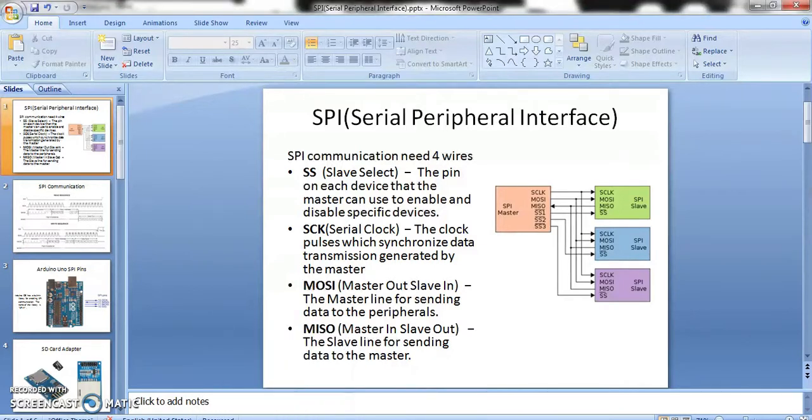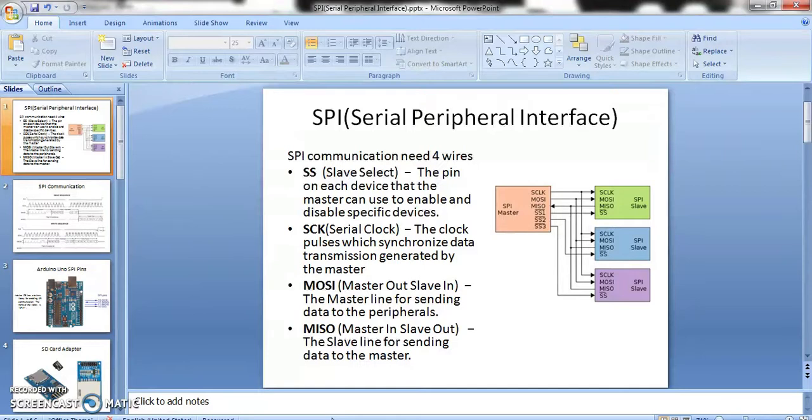As I said, in the SPI communication system, there is a master device. This master device can be your Arduino or any other microcontroller. And the slave can be your sensors, like a temperature sensor, humidity sensor and other sensors.